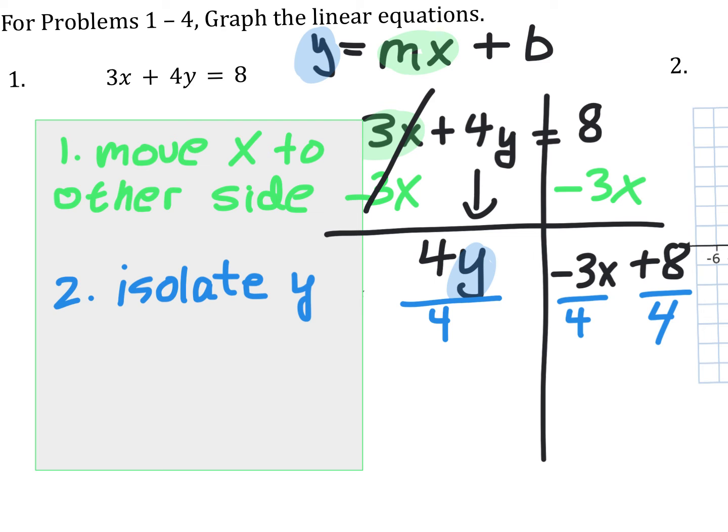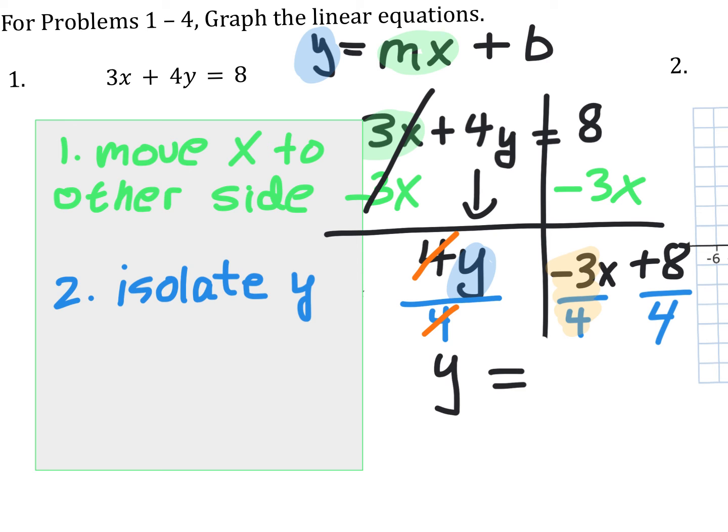So first of all, the 4's are going to just cancel each other out, so that you're left with that isolated y like you need it to be. I'm going to get rid of this little line here. So now we have y equals, and look at what's going to happen right here with this 3 and that 4.